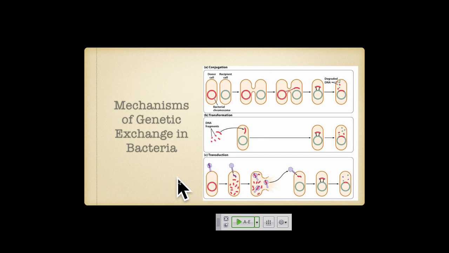Here's a cartoon for the 3 most common ways that genetic information, DNA, can be physically exchanged between bacterial cells. The first is conjugation. We're going to talk about that in some detail. The second is transformation. What transformation means is some bacteria are naturally competent, they can take up DNA from their environment.